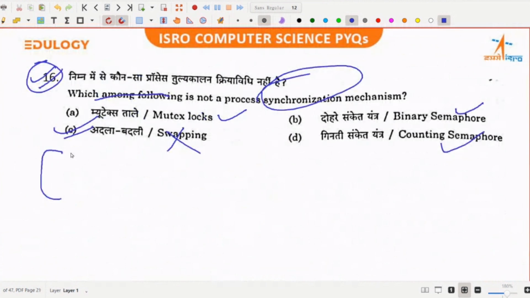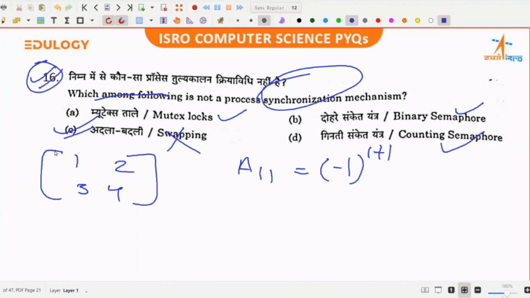I am taking a random matrix. If you want to calculate A11, minus 1 to the power 1 plus 1, just take the first row, first column, hide it, and write the remaining element, which is 4 only.